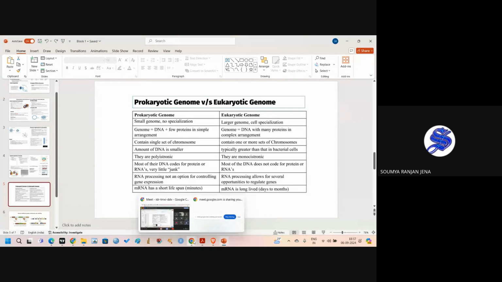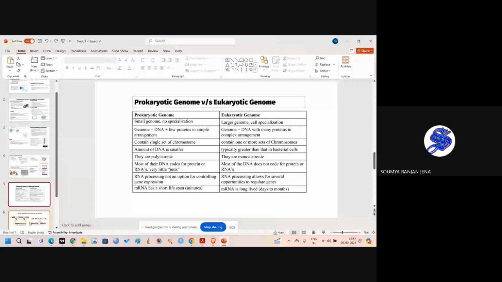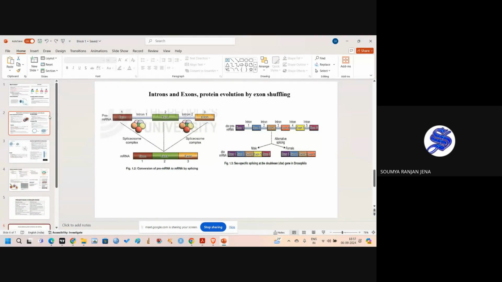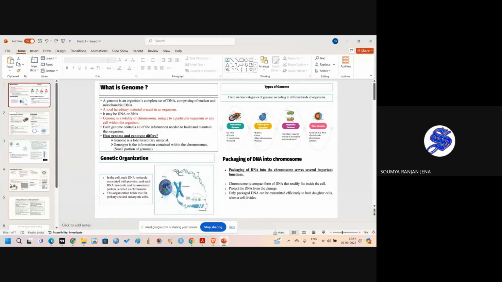Then we go further. If you go to introns, exons, and protein evolution by exon shuffling, as you know, the structure of DNA contains different genes, and these genes are transcribed into messenger RNA, and this messenger RNA is coded for translation to form proteins.